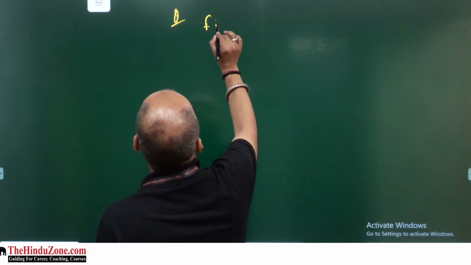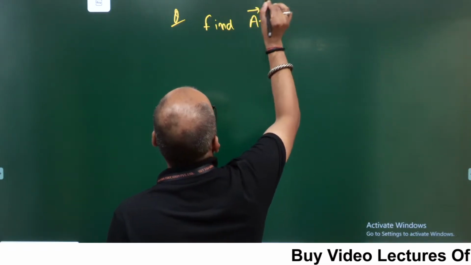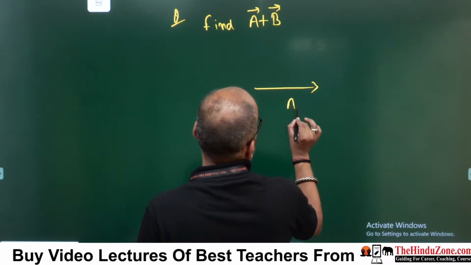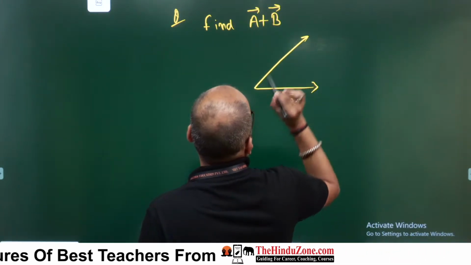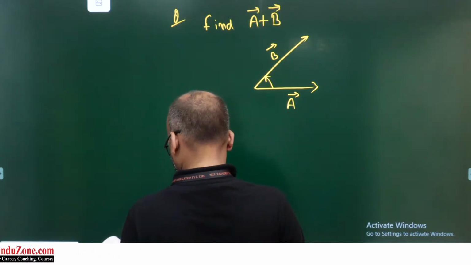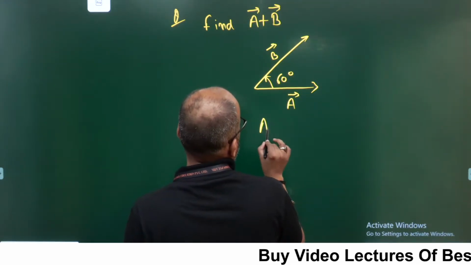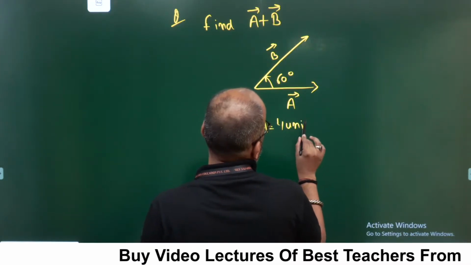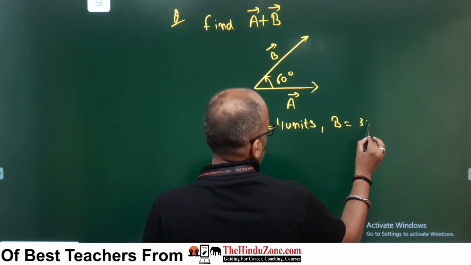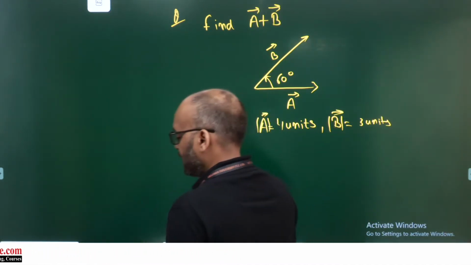You have to find A plus B. A is equal to 4 units, B is 3 units. Yeah, find A plus B.